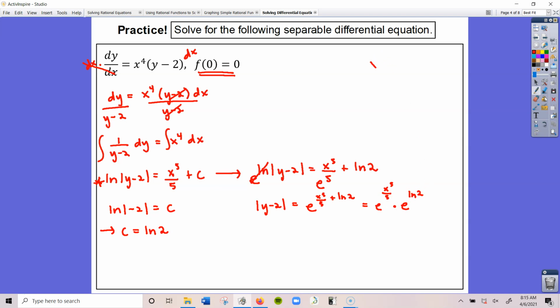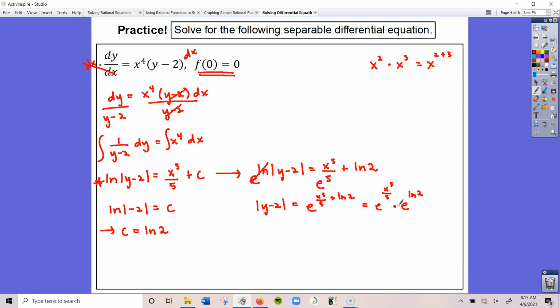Because think about it, if you had x squared times x to the third, that is x to the fifth because it's 2 plus 3. So it's the same scenario here. We have the exponents that were being added, so that means that it must have been e to the x to the fifth over 5 times e to the ln of 2, which is why we would add those exponents.